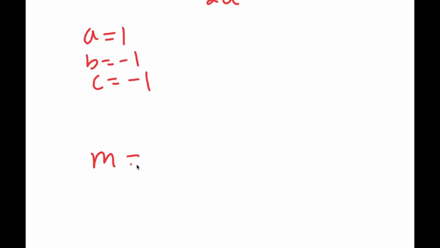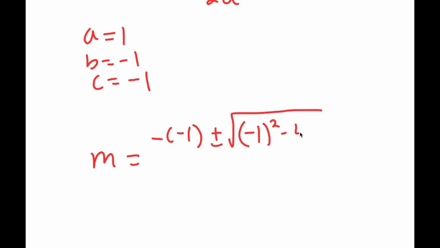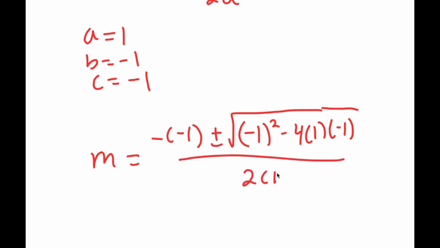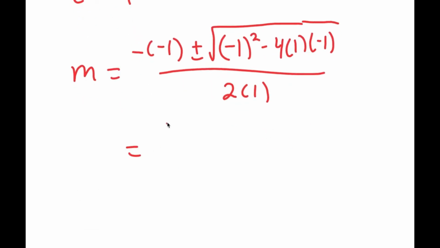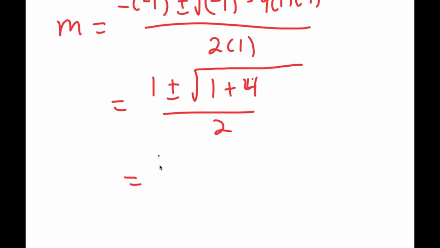So I get m is equal to negative of negative 1 plus or minus the square root of negative 1 squared minus 4a which is 1 times c, which is negative 1, all over 2a, so 2 times 1. And this turns into positive 1 plus or minus the square root of plus 4 over 2, which is equal to 1 plus or minus the square root of 5 over 2.